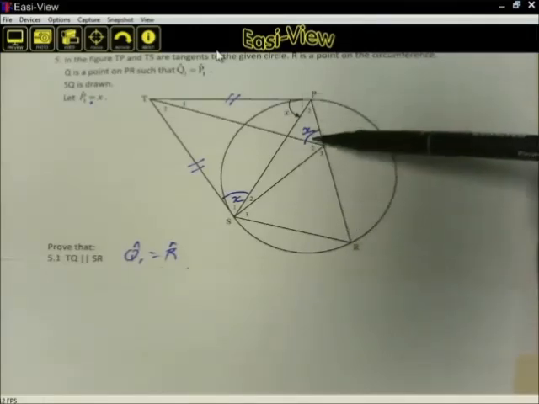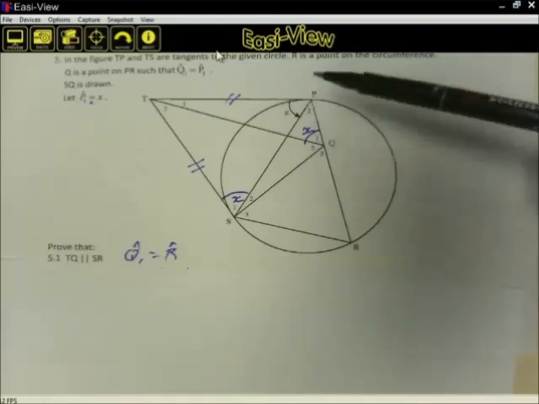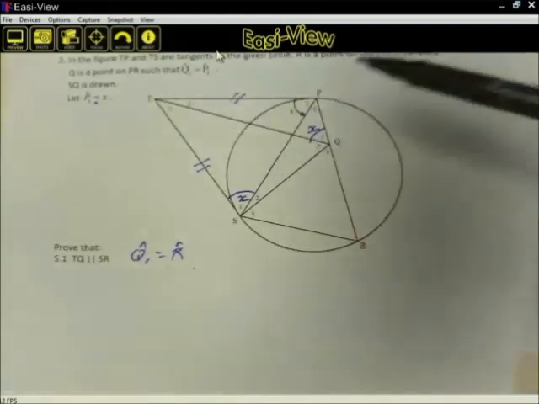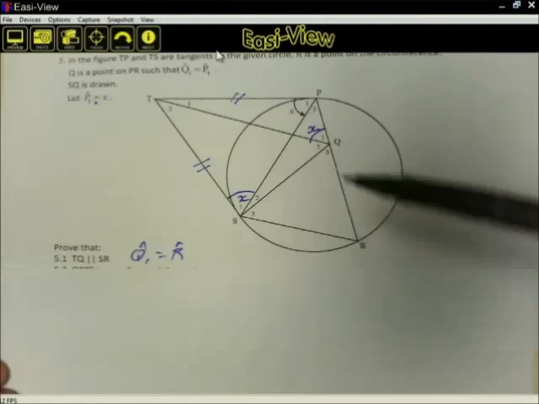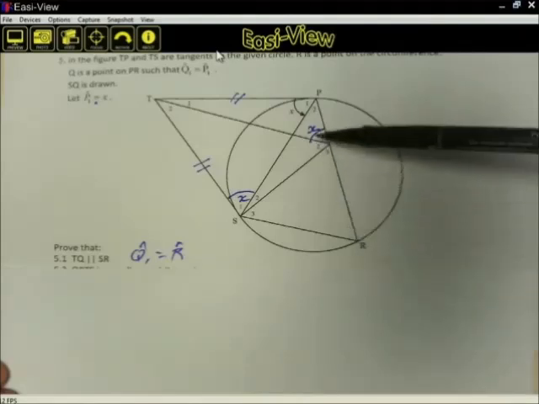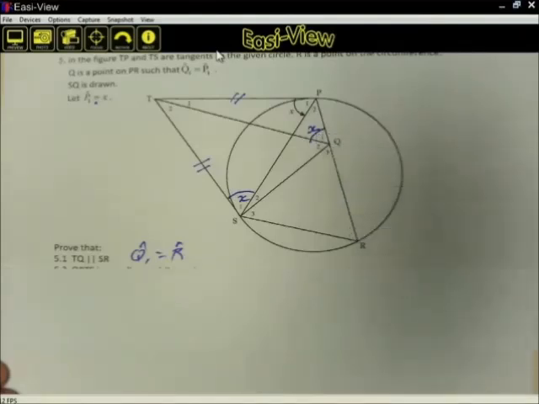Because already I've got information about this. And if PT is a tangent, you already think of the tan chord. Let's work it out then. I think some of you already see the solution. Because ultimately, what is our destination? We want to prove that Q1 is equal to R. Because if Q1 can be equal to R, then it means TQ will be parallel to SR.